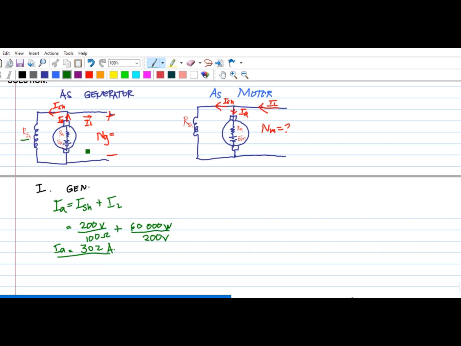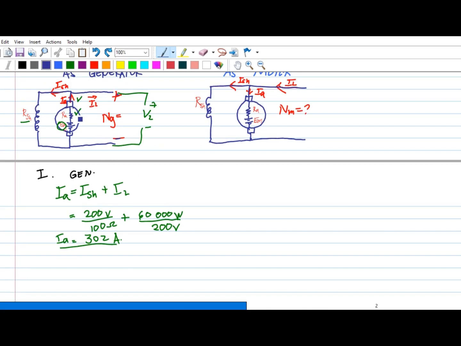We can now get the E_G, and we have the V_L from positive to negative, I_A and R_A. For the induced voltage of the generator, we have E_G is equal to V_L, or the bus bar voltage, plus I_A R_A plus the V_brush, or the voltage drop at the brushes.